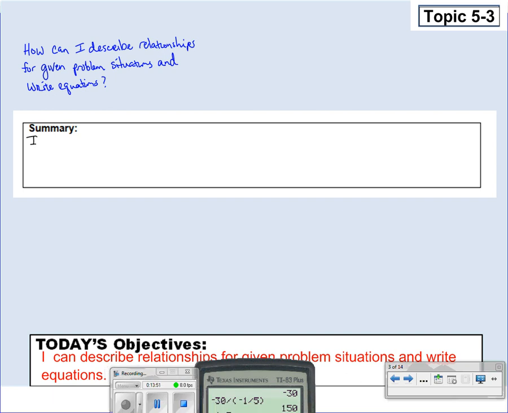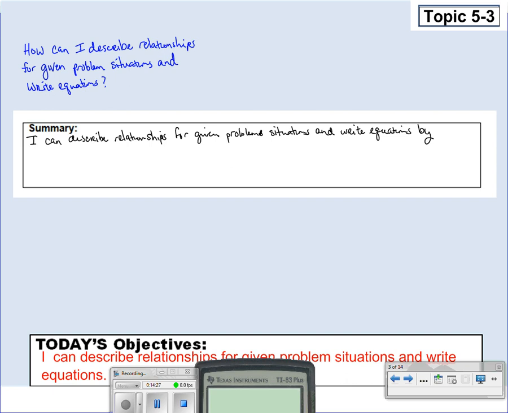The objective says, I can describe relationships for given problem situations and write equations, and then I'm going to put the word by.